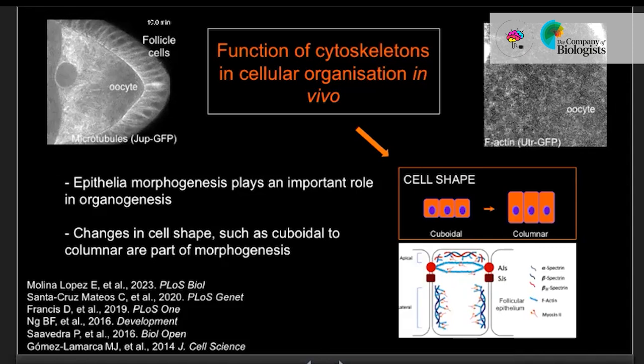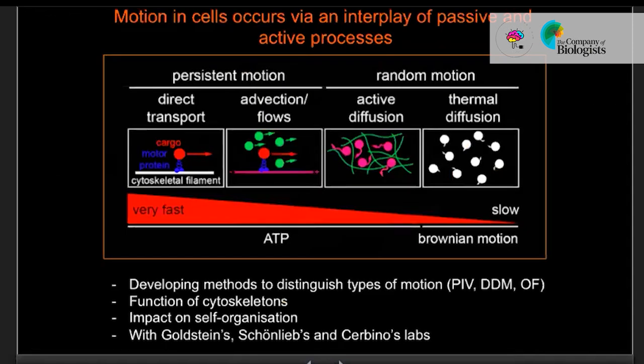Regarding motion, I just want to tell you, because I find this quite interesting, that we think of motion mainly as one type of motion, which is you have a filament, microtubule or actin, you have a motor protein that is recognizing a cargo, an exosome, and is moving it along specific filaments, so myosins for actin, kinesins and dynein for microtubules, and they move that.